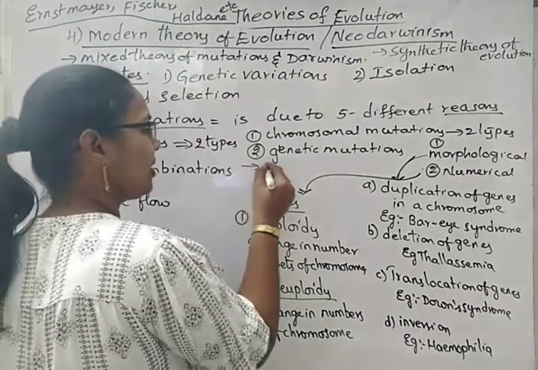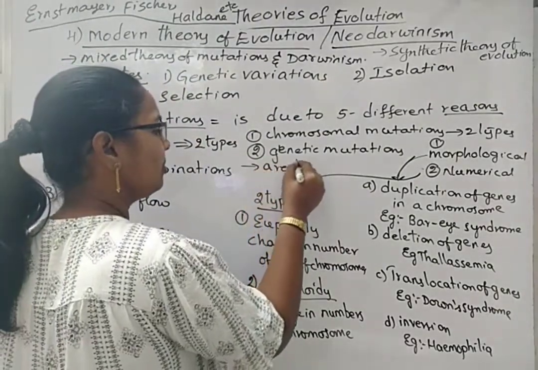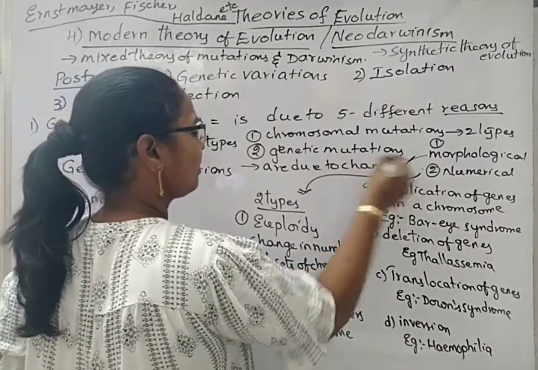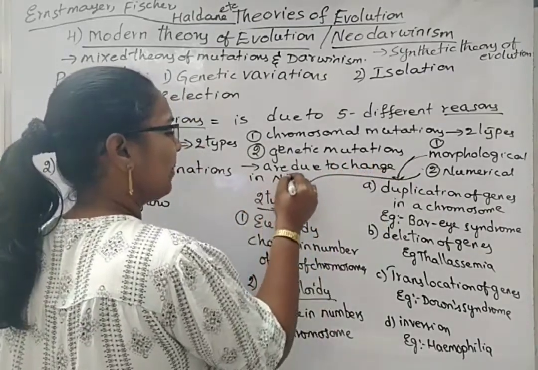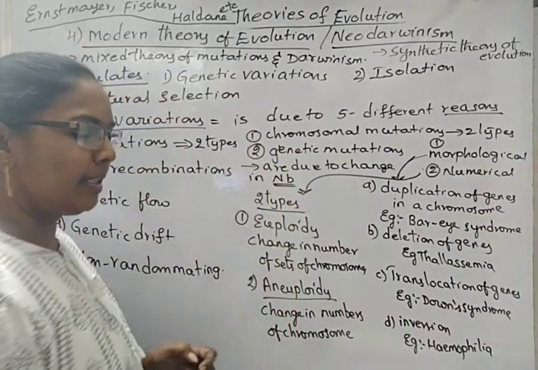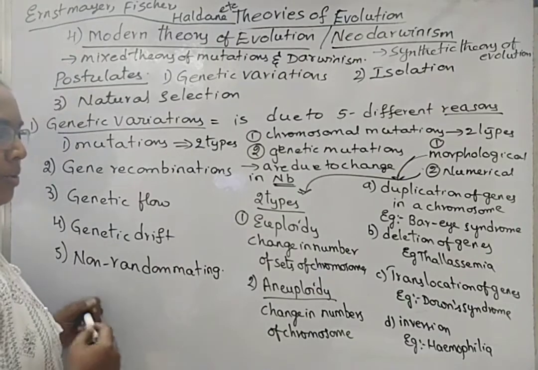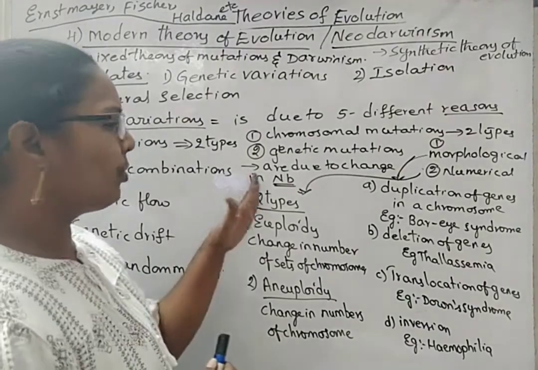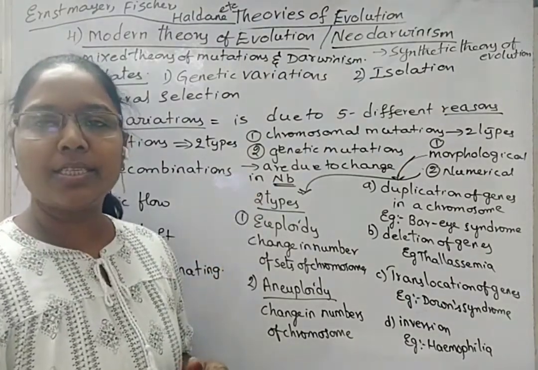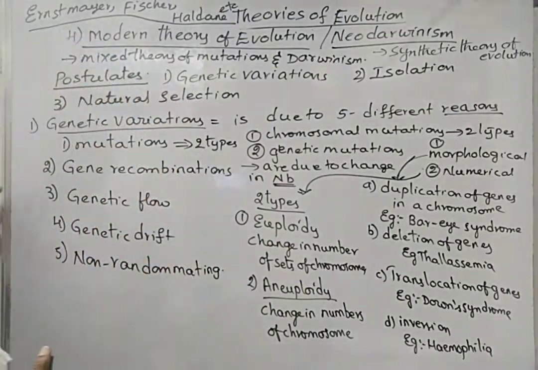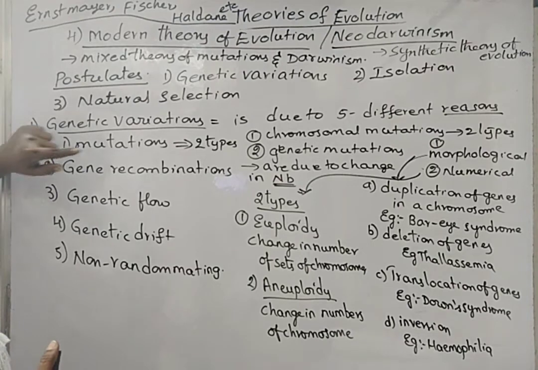So genetic mutations are due to change in nitrogen bases, which I am representing with capital N, small b. We call such types of mutations point mutations. So these are a few examples for mutations, which are of two types, chromosomal and genetic.